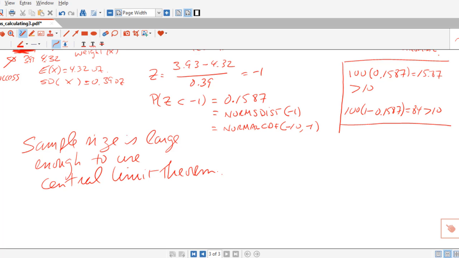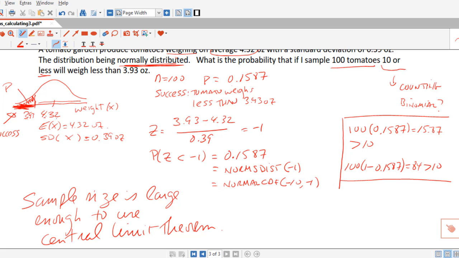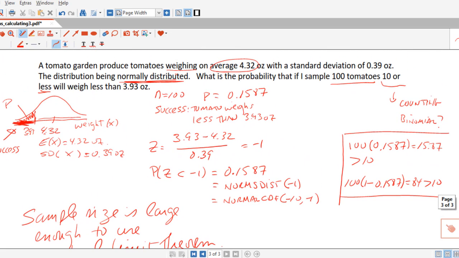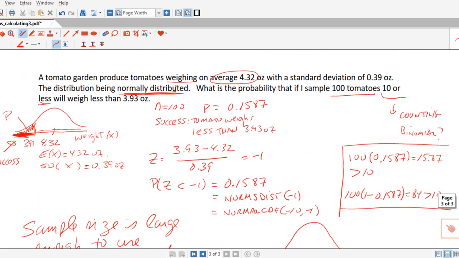Fantastic. So you'll notice that I'm going from one type of distribution to a different type of distribution. A distribution that was about weights, but this next distribution is not about weights. This is about proportions, sample proportions. So now what I'm saying is a distribution of sample proportions where every single time I'm sampling 100 values. This has a center, which is the probability of success, 0.1587. And what's the p-hat value I'm after?